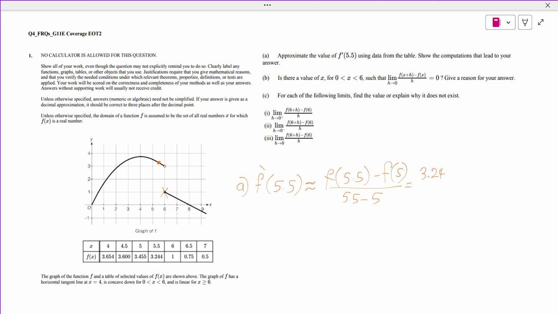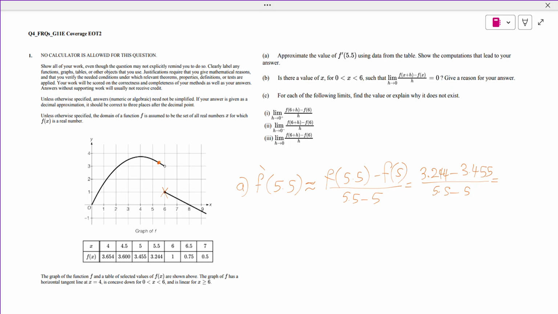And from the table, f of 5.5 is 3.244 minus f of 5, which is 3.455, over 5.5 minus 5, and this is equal to what?